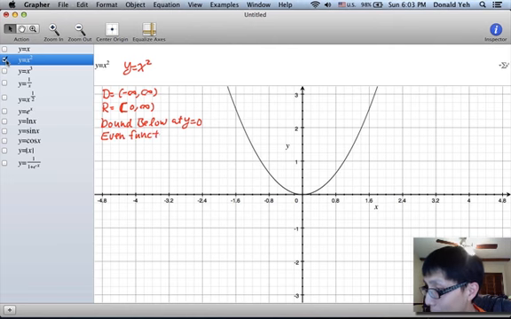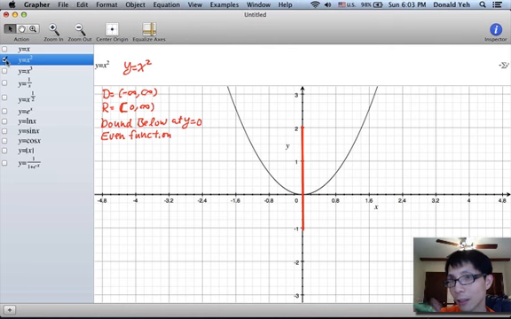You can tell this by looking at the graph as well, because if I have this line here, they are mirror images of each other, and therefore if the mirror is on the y-axis, you tell me that's an even function. If the mirror is on the diagonal line this way, then you're going to tell me it's an odd function.